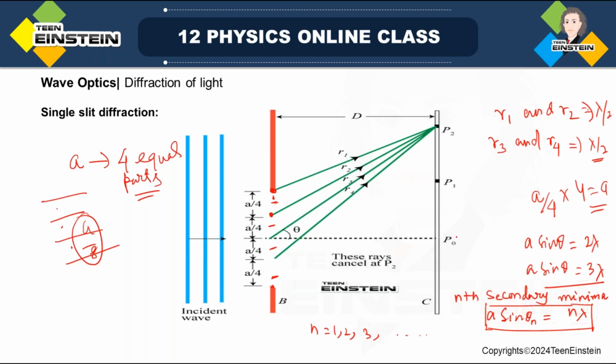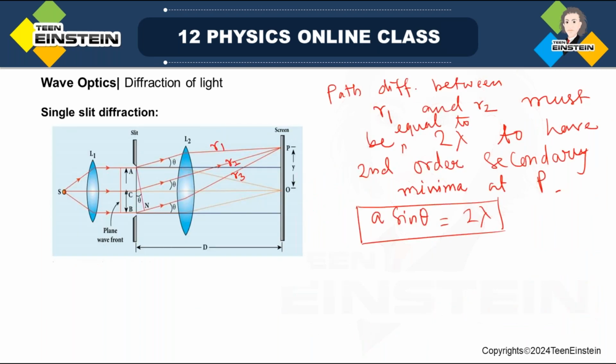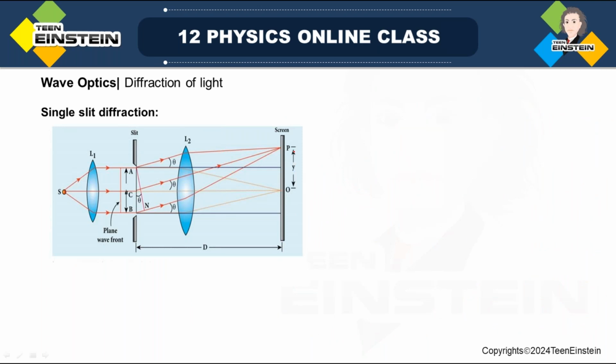Now let me tell you here itself. See this position from the center point, say this is y1 or yn, let us say y1 for the first order minima. So this is the linear position. Okay, this y1 or y is the linear position from the central maxima.